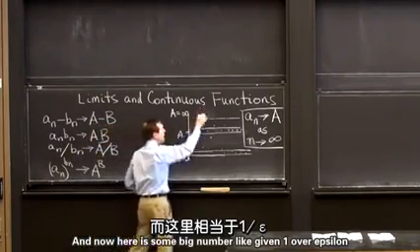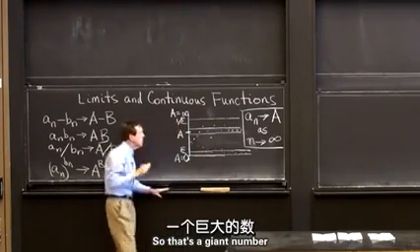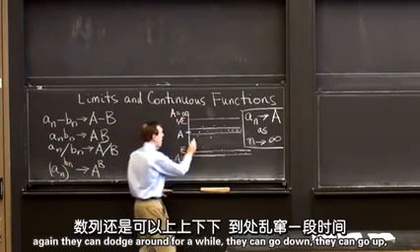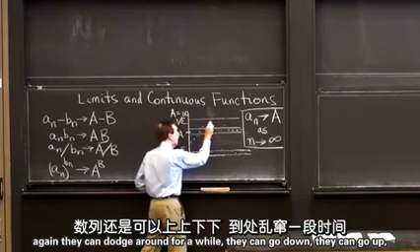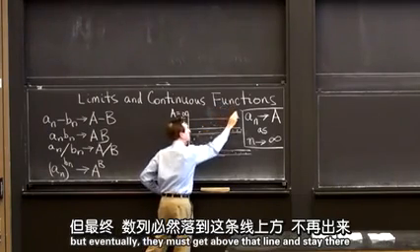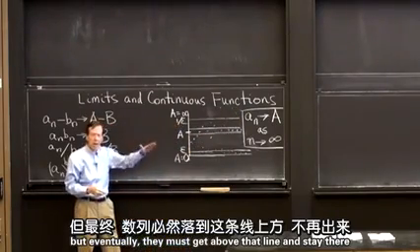And now here's some big number, like even 1 over epsilon. So that's a giant number. And the limit is infinity if, again, they can dodge around for a while, they can go down, they can go up, but eventually they must get above that line and stay there.